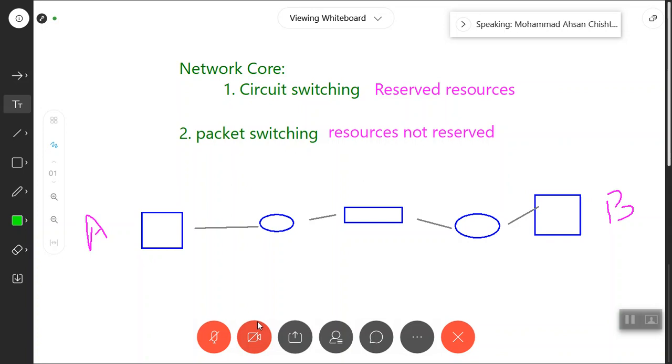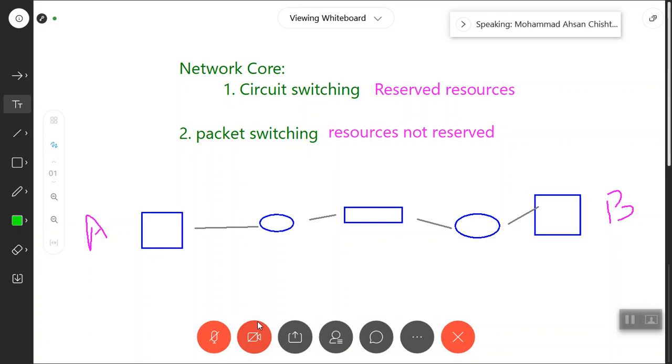Okay. So the first case in which you reserved it is a circuit switching network, wherein you have a guarantee that you would get this much bandwidth and you will be connected to B through this network.